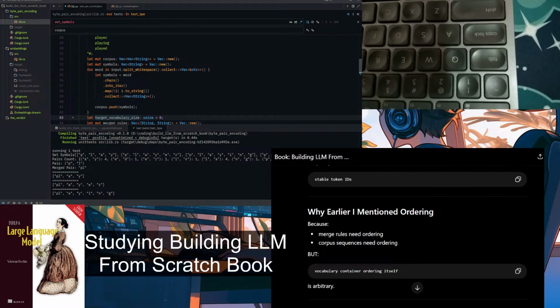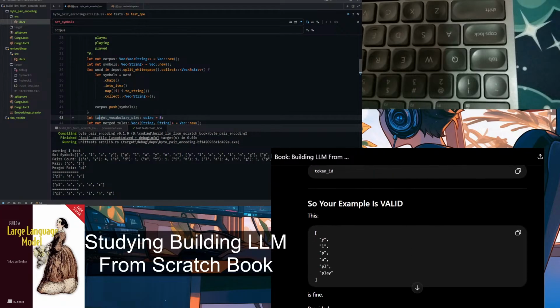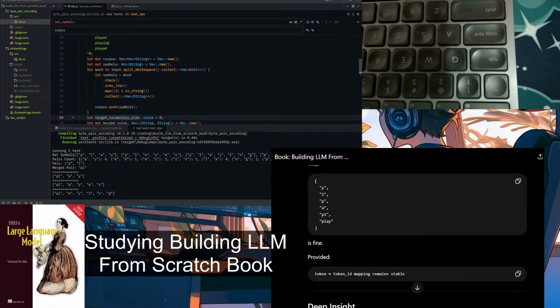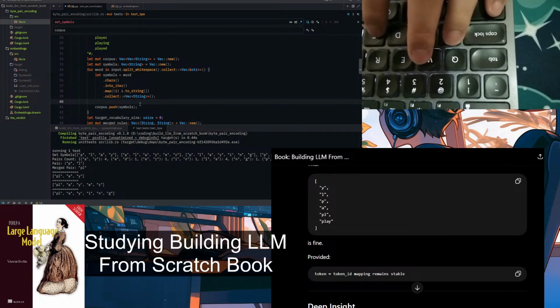Okay. So here sa symbols, pwede pa akong... hindi ko siya pwedeng gawin BTreeSet, but I can do a hash set here, just to avoid the hassle of the vector.